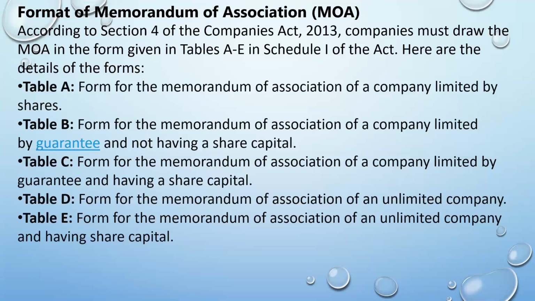Table B is for a company which is not having share capital, whereas Table C is for a company which is limited by guarantee and having a share capital. Table D, form for the Memorandum of Association of an unlimited company. And we have another table, which is E, which is for the Memorandum of Association of an unlimited company and having share capital. So these are the tables which are given under the Companies Act 2013 Section 4.